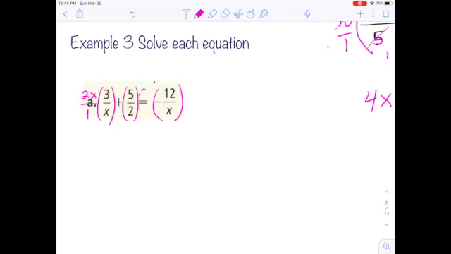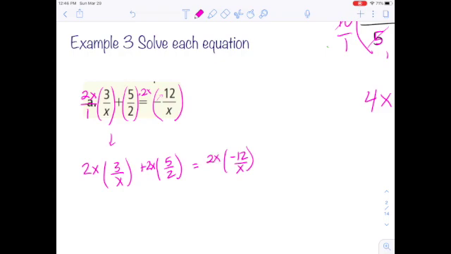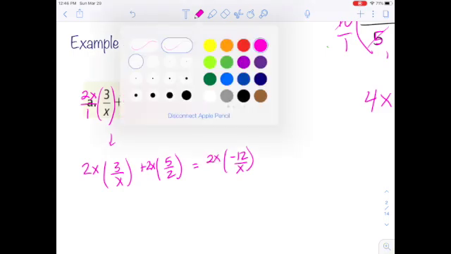Actually, that's going to get messy, so I'm going to drop down here. So 2x times 3 over x plus 5 halves times 2x is equal to -12 over x multiplied by 2x.